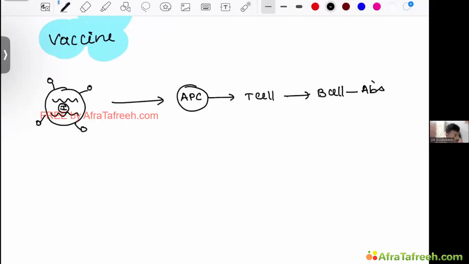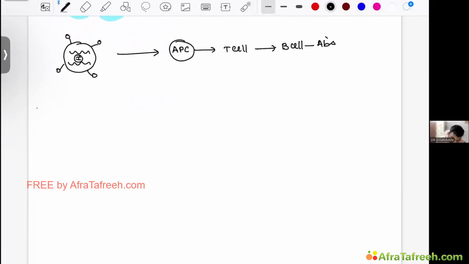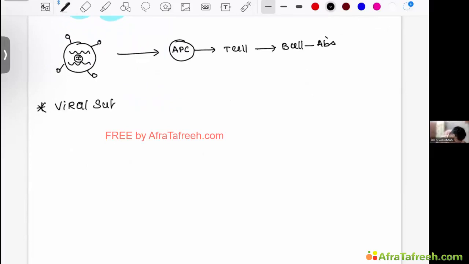This is called the inactivated virus vaccine. This is one kind of vaccine. Then the next group of vaccine being prepared is called the viral subunit vaccine.